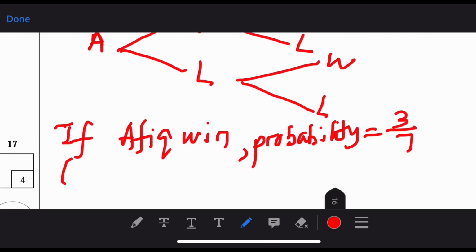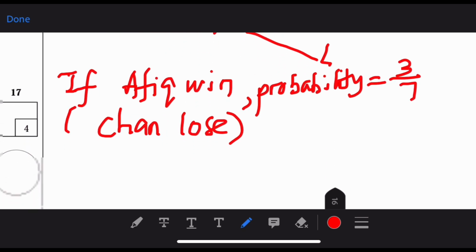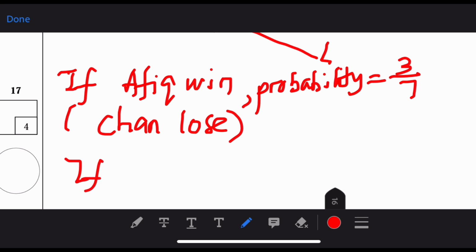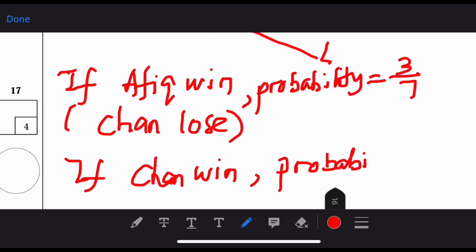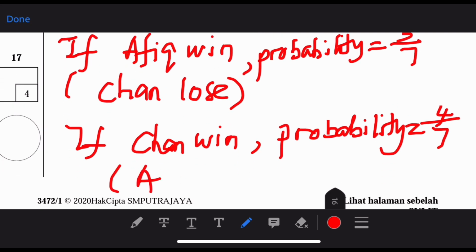Hence, the chance for Afid to lose the game should be 4/7. So if Afid wins, it means that Chan loses. If Chan wins, it means Afid loses. So the probability for Chan to win is 4/7.